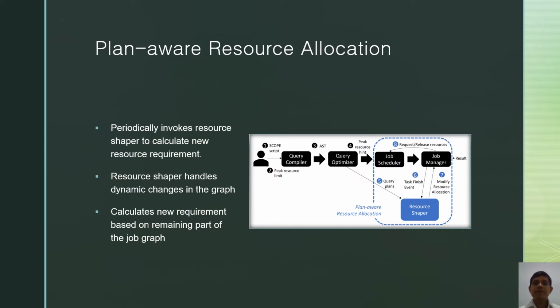Since we make the resource separ lightweight, conservative, and safe, it does not incur any performance impact on the overall query execution. So we can invoke resource separ frequently without seeing any delay in job latency.